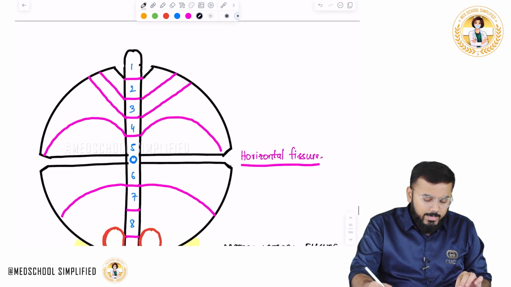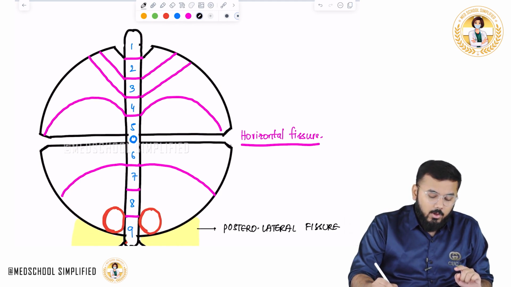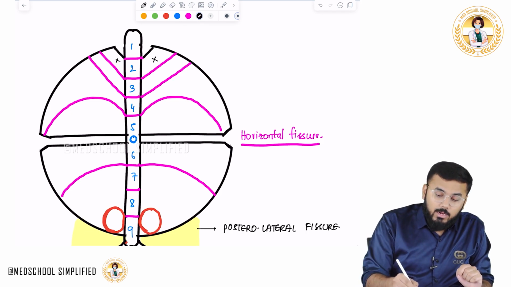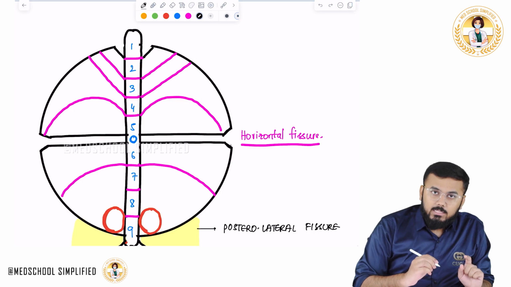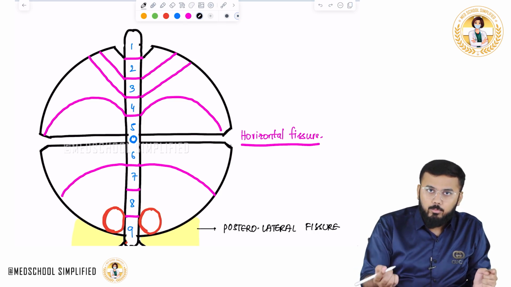Now, the next important thing is that on either side of the second lobule of the vermis, it is accompanied by another lobule.